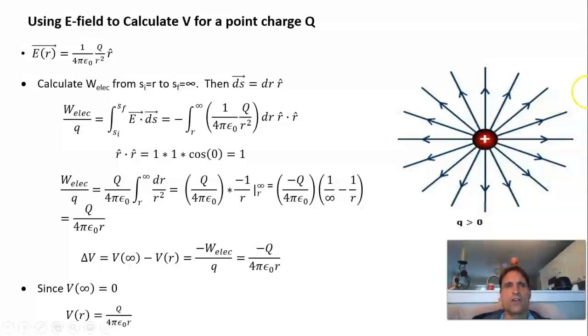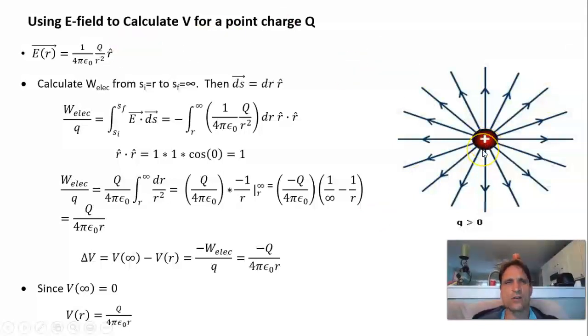So let's do an example with a point charge, okay? So the point charge, remember, creates an electric field if it's a charge Q. The electric field is Q over 4 pi epsilon naught r squared, okay? And it points radially outward, away from the charge, okay?